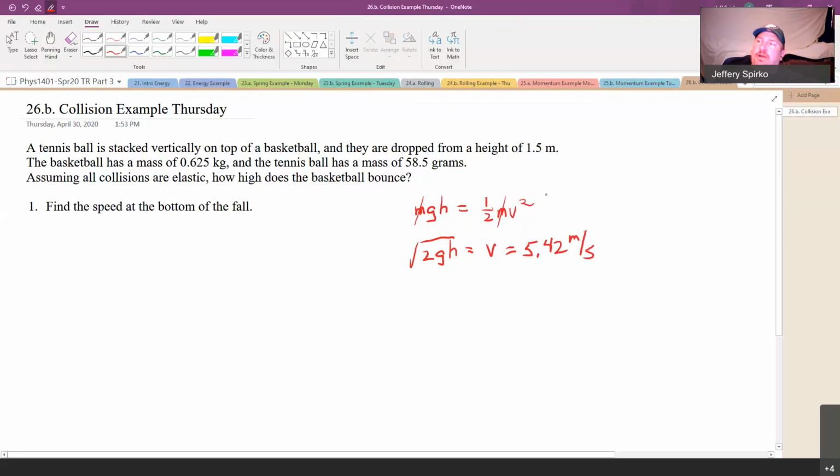So that's the easy part, and I hope that you could all do that fairly easily. There will probably be a question on the final exam very similar to that.